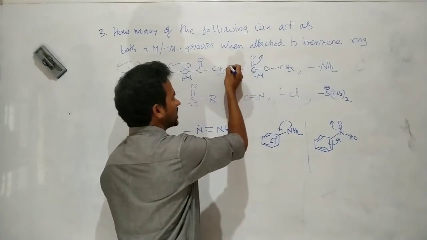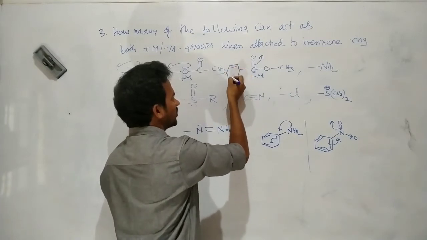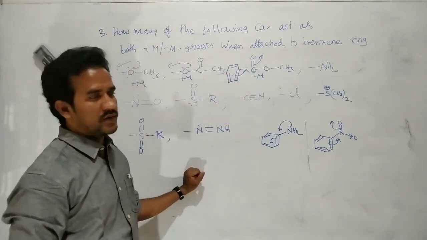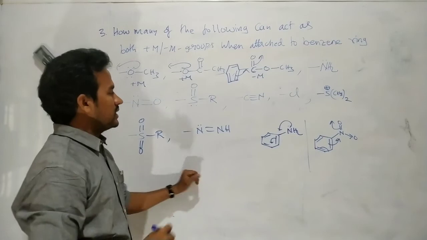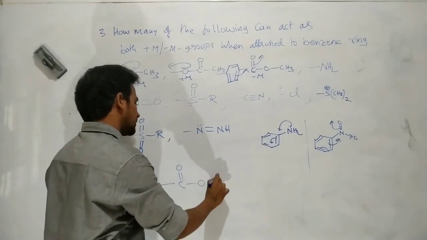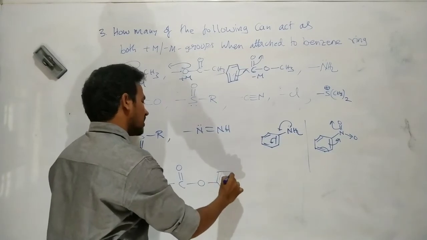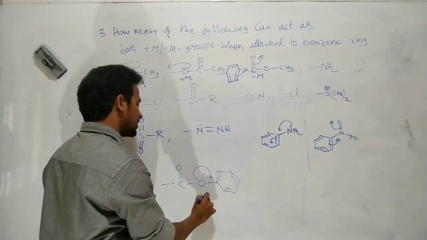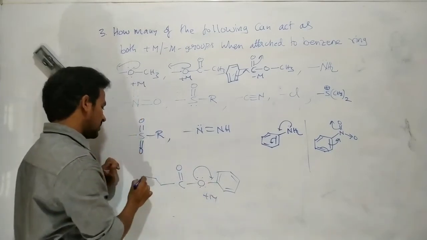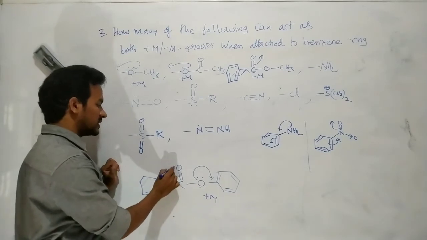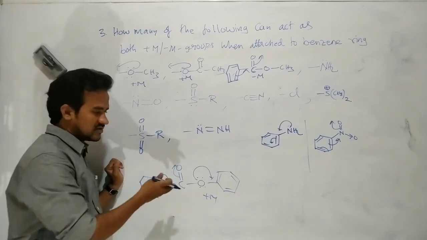When this group is attached to the benzene, the pi bond here acts as a minus M group. The interesting point is C double bond O oxygen. Here, when this oxygen in the same group is attached to the benzene, it acts as a plus M. Now if the benzene is attached to this carbon, it acts as a minus M group, based on the bonding.